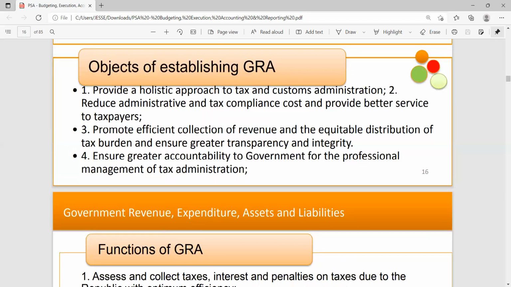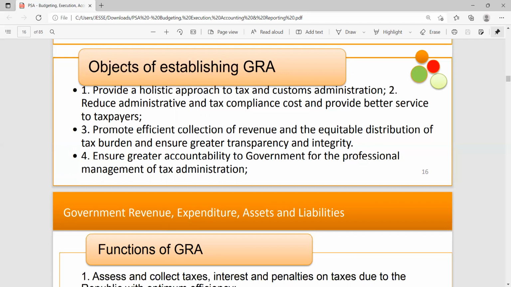So it provides a holistic approach to tax and customs administration. Number two, reduce administrative and tax compliance costs and provide better services, right? So reduce administrative costs and provide better service to taxpayers. You'd want to serve taxpayers well.